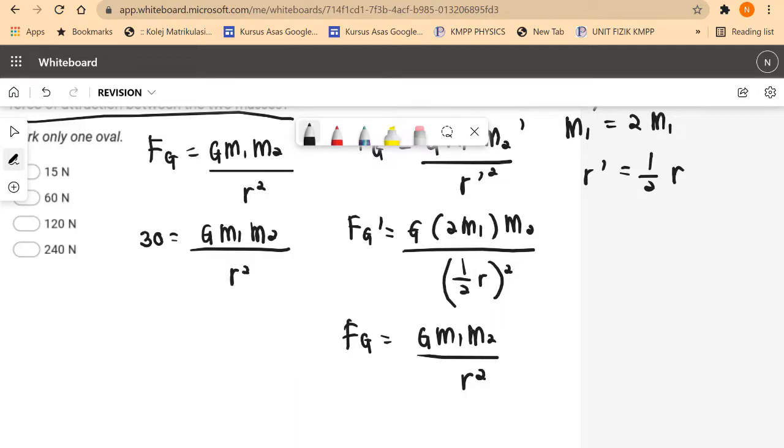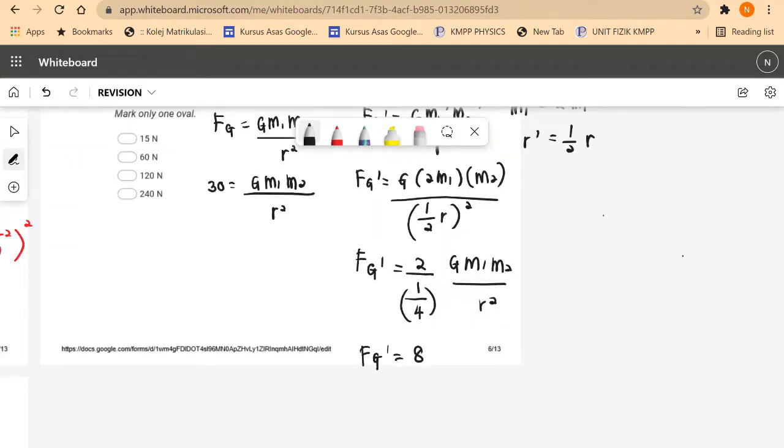So simplify 2 over half squared, let me circle this. 2 over 1 over 4 equals 8.